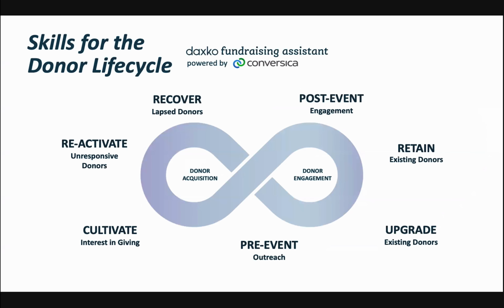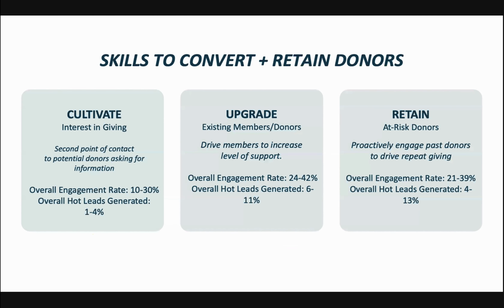This applies throughout the life cycle of a potential donor and of an existing donor. So all of these categories you're seeing around recovering previous donors, reactivating unresponsive donors, post-event, upgrading existing donors to a larger gift perhaps, this is someone that's going to be reaching out to this entire demographic, wherever they may be in that journey as a donor.